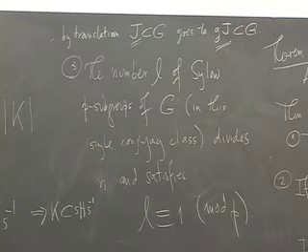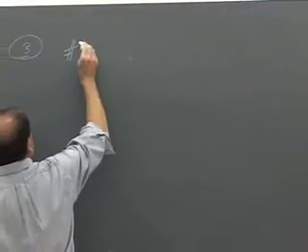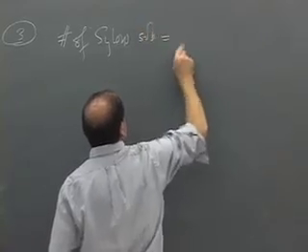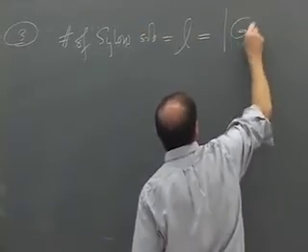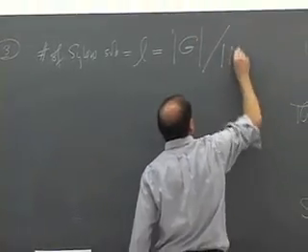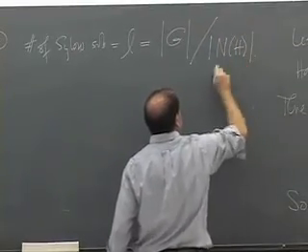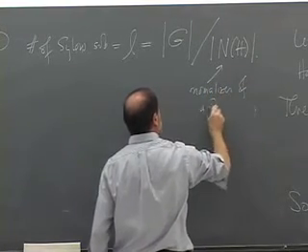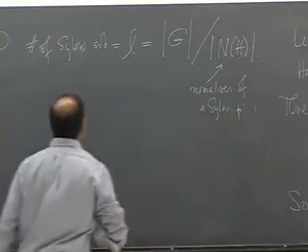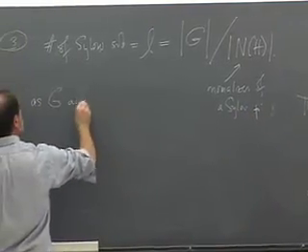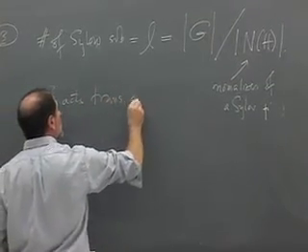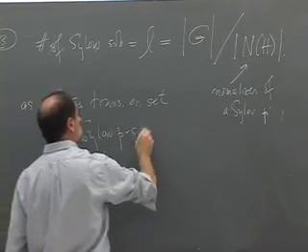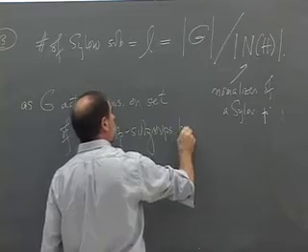Now, the number of Sylow subgroups, which we called L, is, I claim, the order of G divided by the order of the normalizer of a Sylow P. Because G acts transitively on the set of Sylow P's by conjugation.